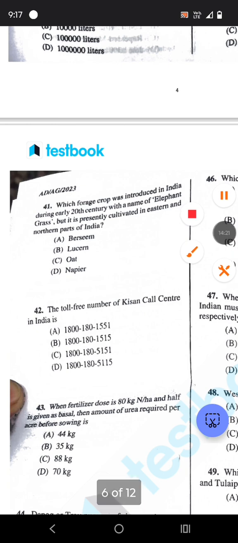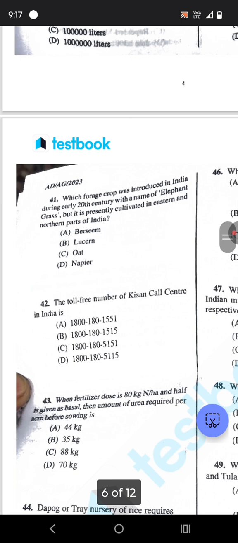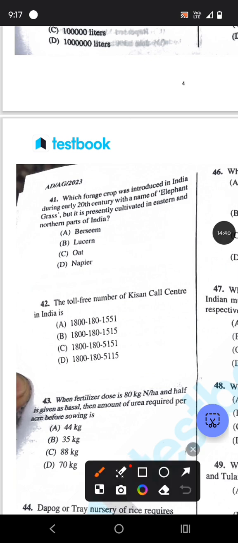Question number 41. Which forest crop was introduced in India during early 20th century with a name of elephant grass, but is presently cultivated in eastern and northern part of India? Here the name of elephant grass is mentioned. So the answer is option number D, that is Napier grass. Napier grass is known as elephant grass.